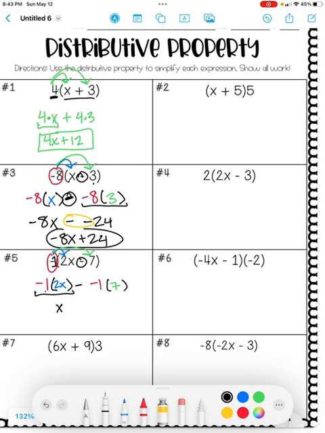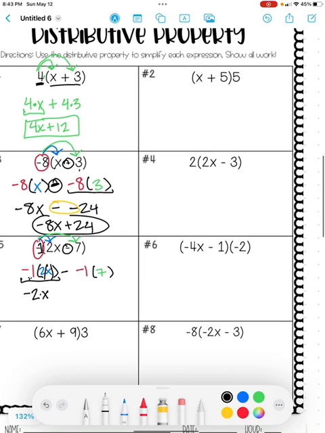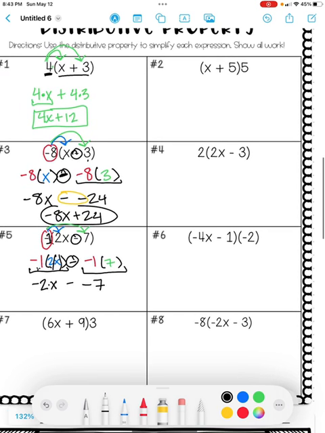Negative 1 times 2 is negative 2. So negative 1 times 2x is negative 2x. We just did the math, ignoring the x for now, and multiplied negative 1 times 2 and got negative 2. Next, we've got negative 1 times 7, and negative 1 times 7 is negative 7. And then this was distributed over a minus sign, so I'll have a minus between the two terms.